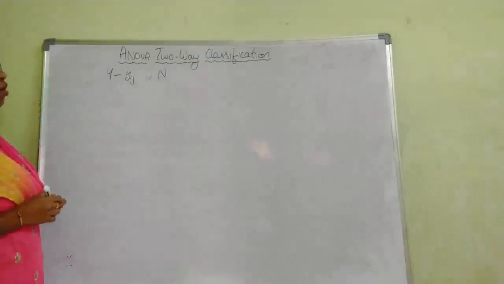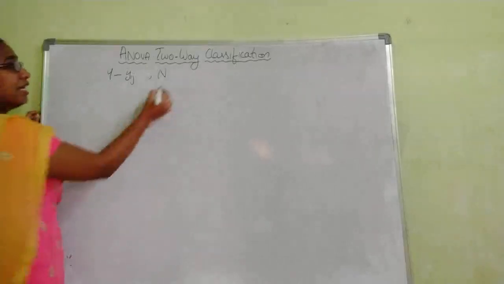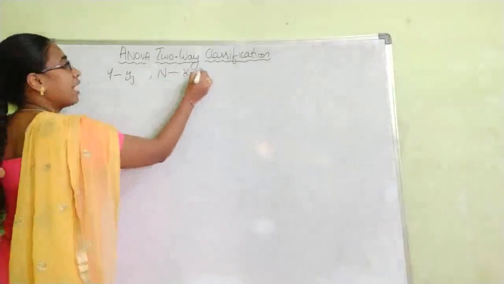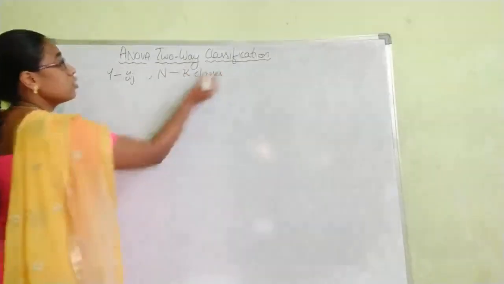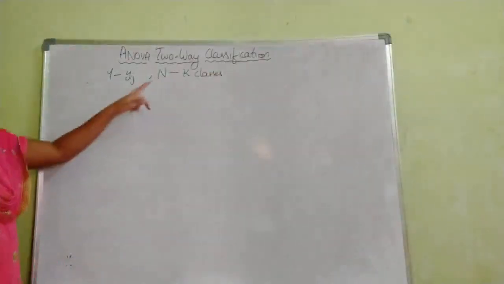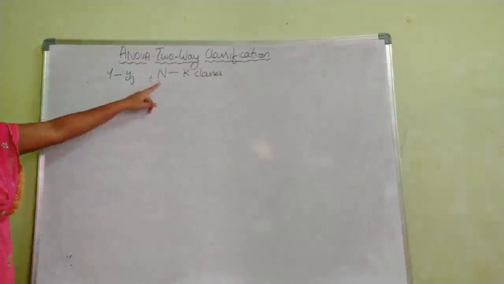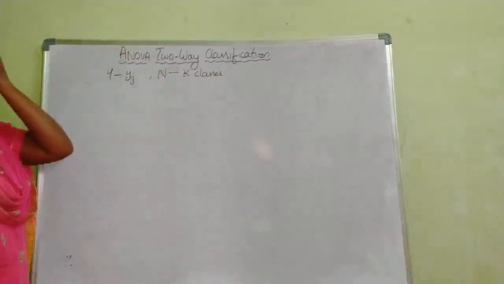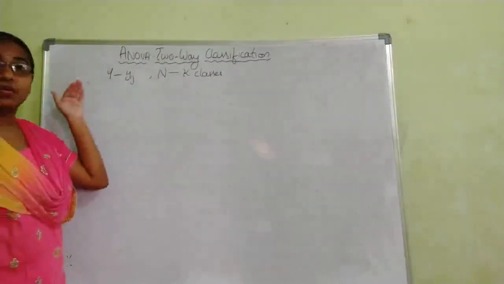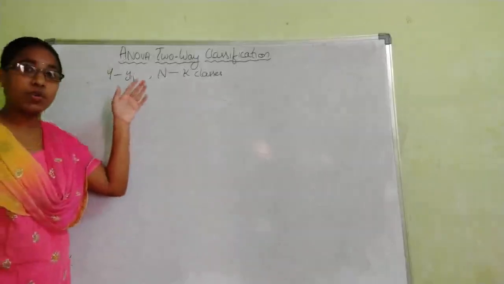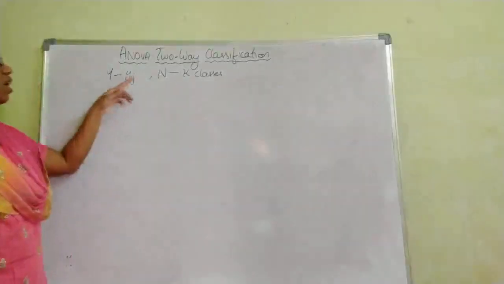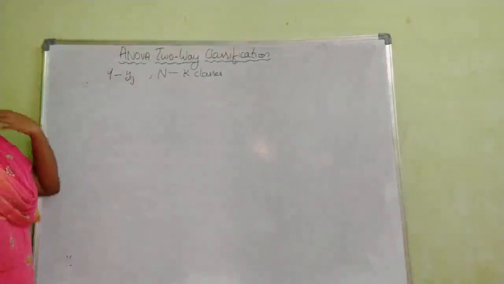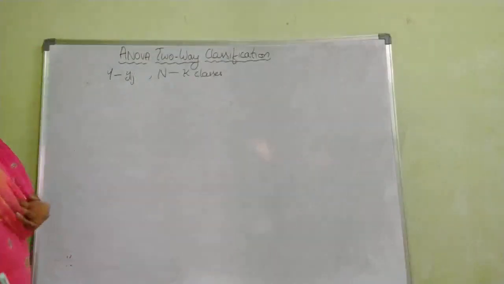These n values will be divided into some k classes. So we are going to divide the total observations into k classes. That means we are going to make the division based on only classes, and the variation we are going to get is based on those classes only, right?